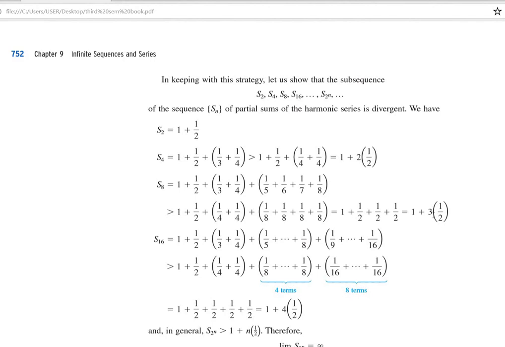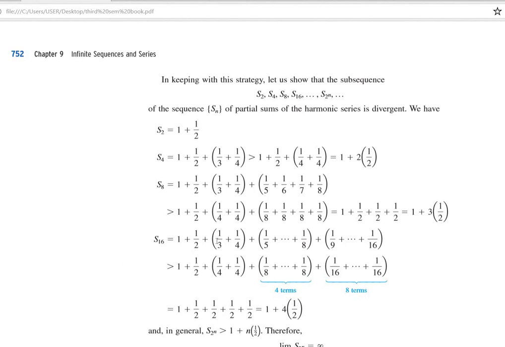This is 1 plus 3 into 1 by 2. So S8, that is S2 raised to 3, is greater than 1 plus 3 into 1 by 2. S4, that is S2 raised to 2, is greater than 1 plus 2 into 1 by 2.